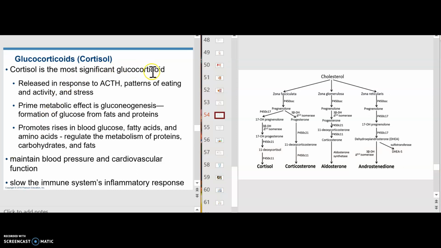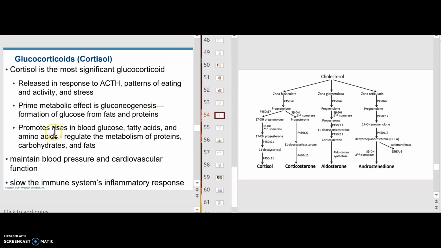Cortisol is the most significant glucocorticoid. It's released in response to ACTH, adrenal corticotrophic hormone. Its primary metabolic action is gluconeogenesis, the development of new glucose. So glucose can be made from fats and proteins. Most of the time you'd have enough, but it can be converted through enzymatic action from fats and proteins.